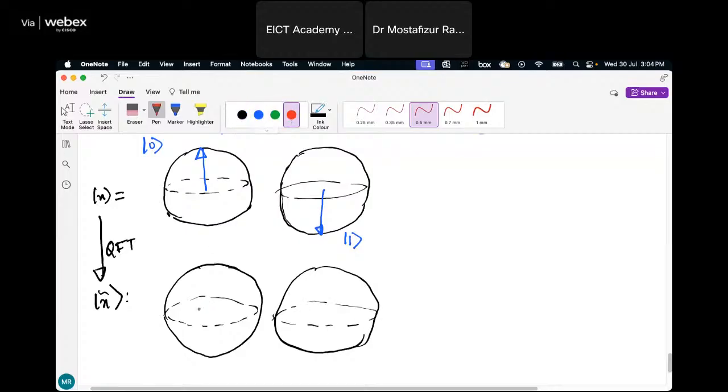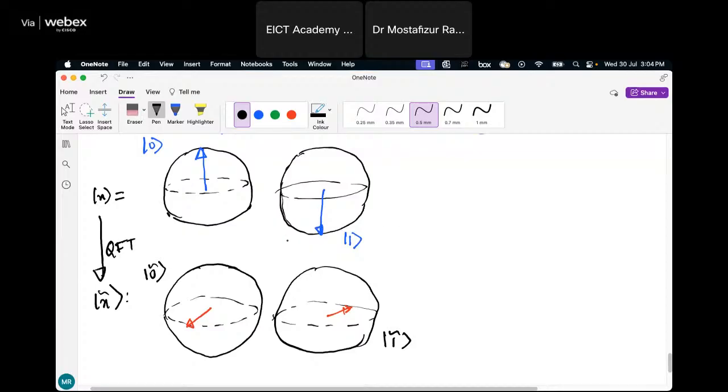Suppose this becomes in the equator plane here, and this is here. Now I write this 0 as 0 tilde here, and 1 as 1 tilde here. Say 0 tilde and 1 tilde are the Fourier basis, and ket 0 and ket 1 are the computational basis, right?